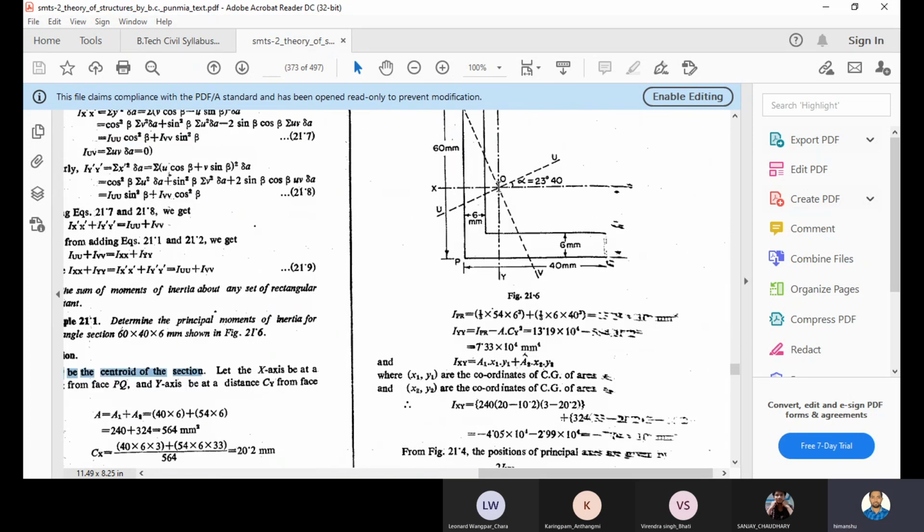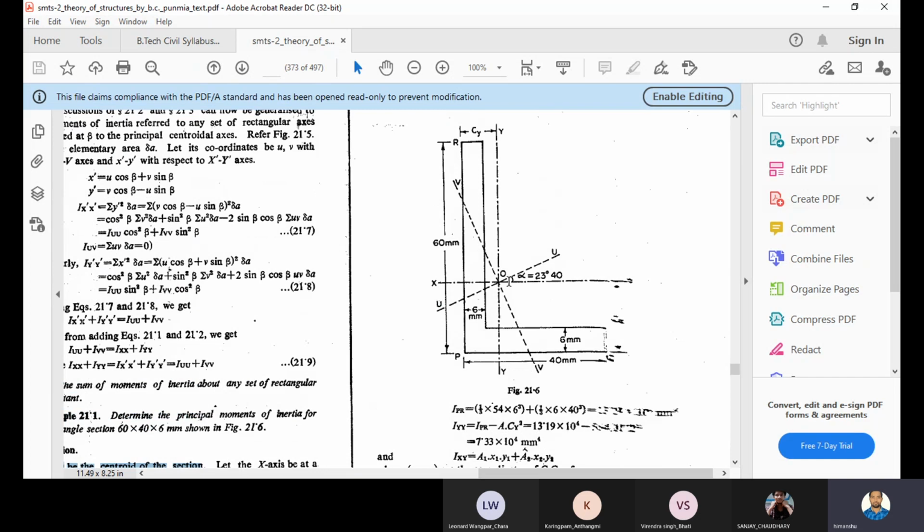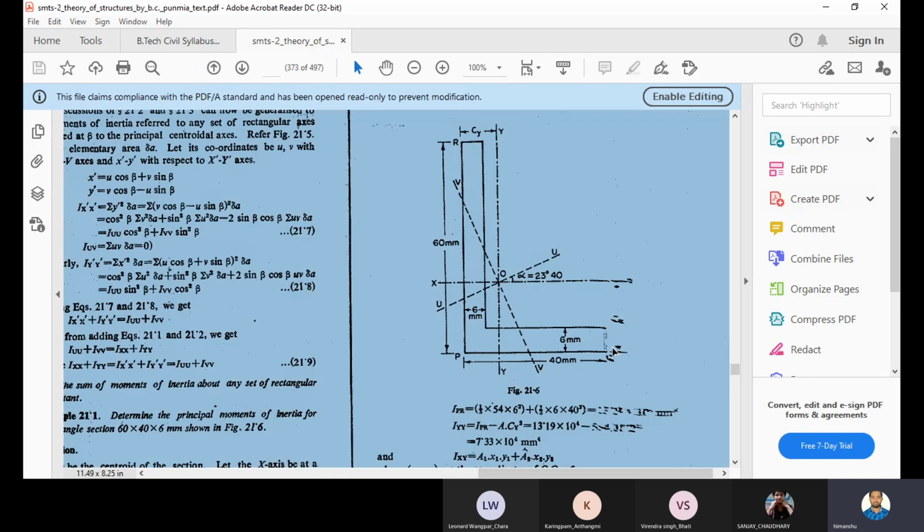Like this is the O, centroid of this whole area, and the distance, this is cy. Okay, this is cy and this one is cx. There is a misprint. This is your cx.